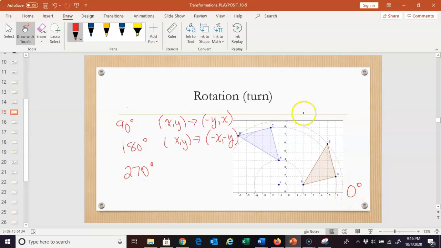If 0 degrees was here, 90 degrees is here, 180 degrees here. Well, it kind of depends where your shape starts, so we'll get to the examples and I'll show you that. For 270, we are going to flip the coordinate point and make the x negative. So these are the rules that you can remember that match with these rotations. Makes it super easy.